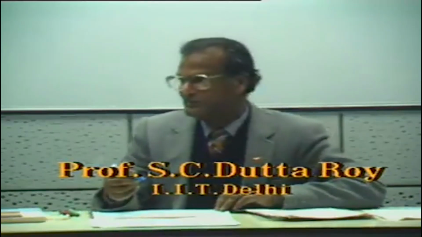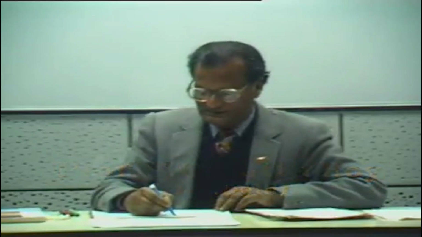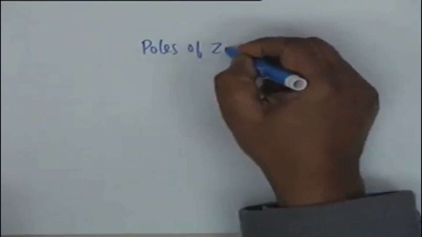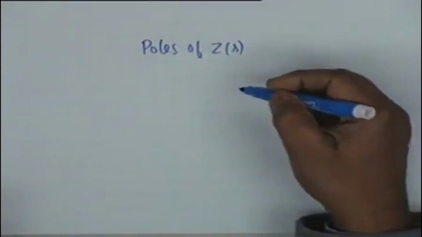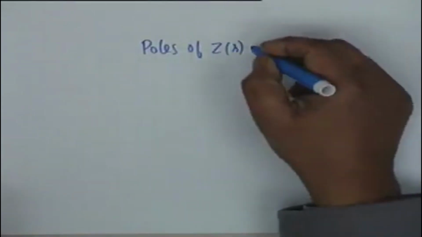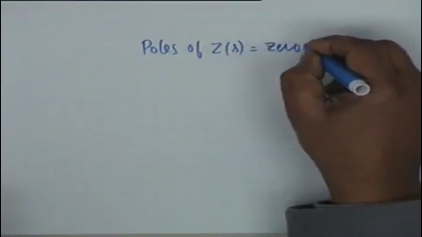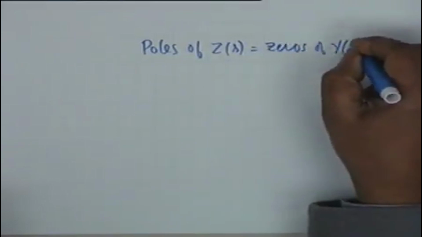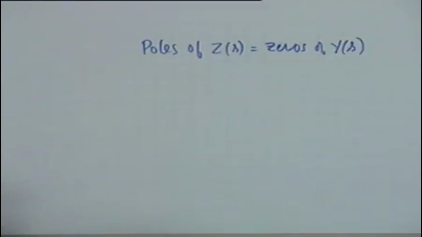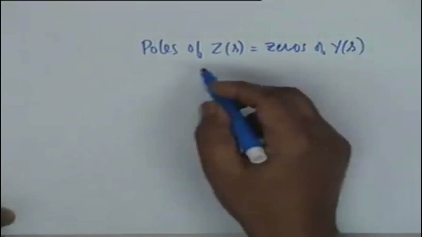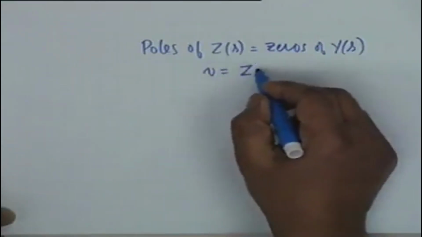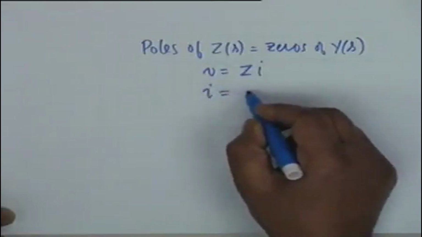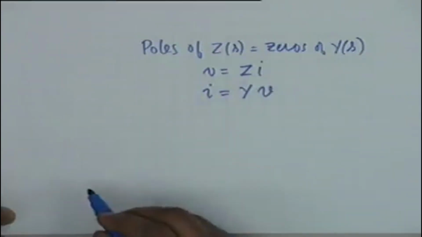For the poles of an impedance function, poles of Z of S, we work in terms of admittance instead of impedance. These are zeros of capital Y of S. Capital Y conventionally is the symbol for admittance, and V equal to Zi can be written as I equal to YV.